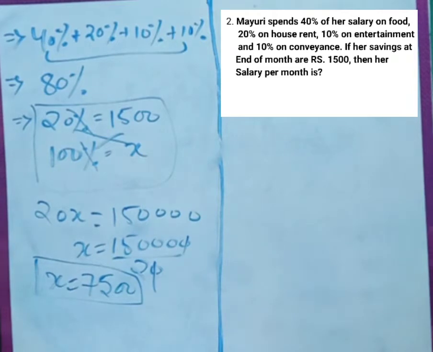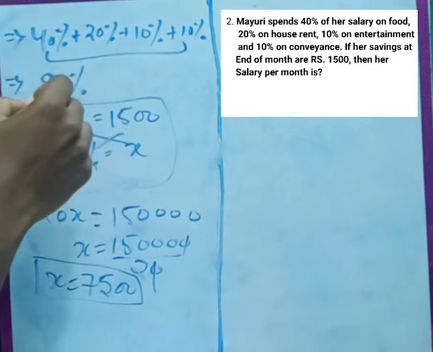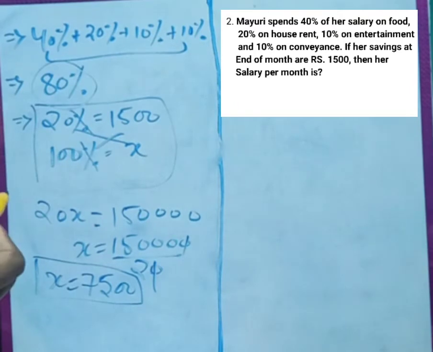So here they have given her expenses in terms of percentage, right? So when they have given the expenses in terms of percentage, add it, you will get the total expenses. So what is the total expenses? 80%, and the remaining will obviously be, by common sense, her savings, right? So 20% is her savings, and they already gave the savings as 1500, right? So 20% is 1500. What is 100%? 100% is nothing but her total salary.